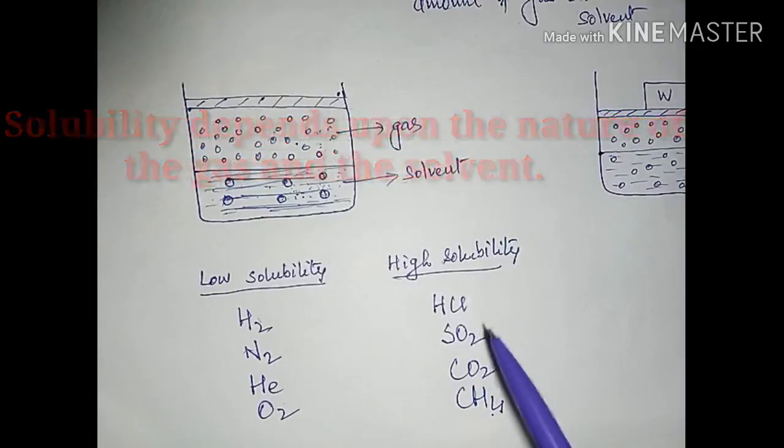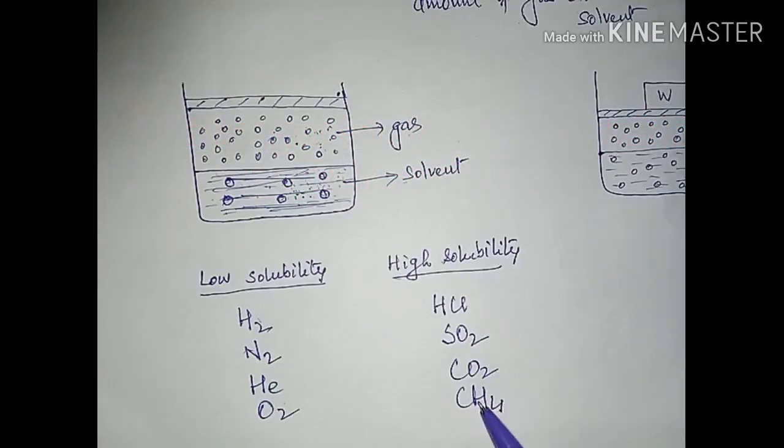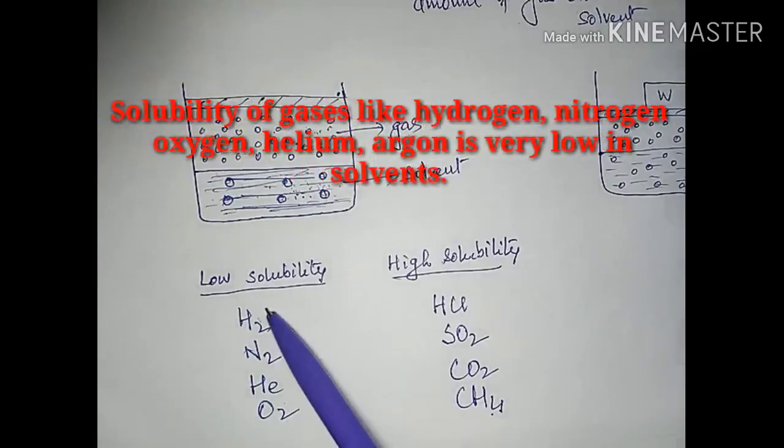Some of them like HCl, SO2 are more polar. Methane is non-polar, but the reason for its solubility is van der Waals forces between the solvent and this gas due to higher molar mass, and low solubility is due to non-polarity. These are non-polar and their solubility is very less.